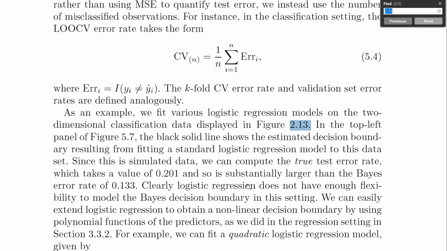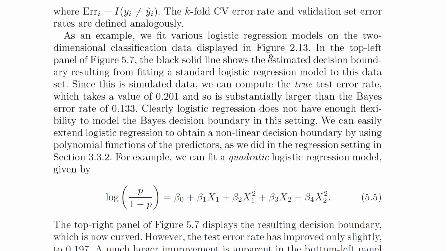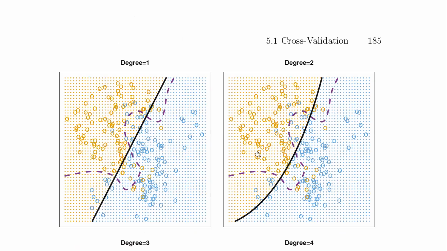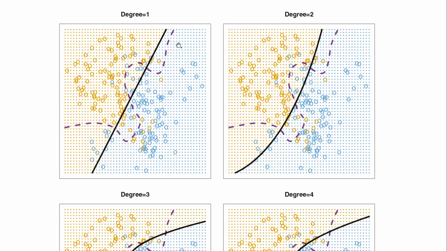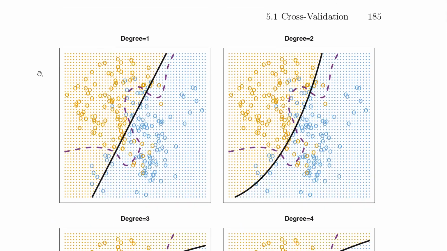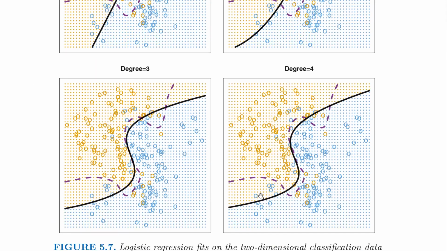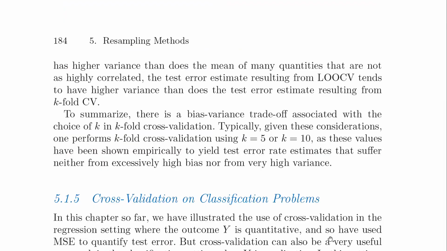And we were here, right? In the top left panel of figure 5.7, is that this one? Now we're looking at decision boundaries, aren't we? The black line, given that it's degree 1, has least flexibility, whereas with degree 4 you're getting more flexibility.